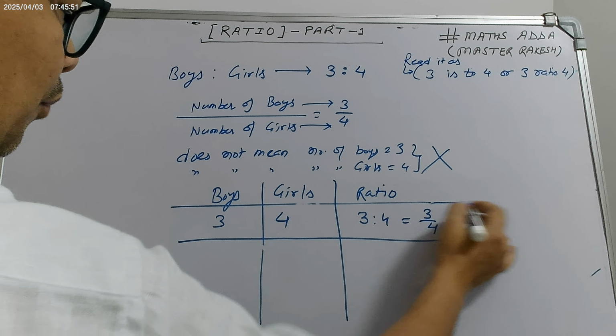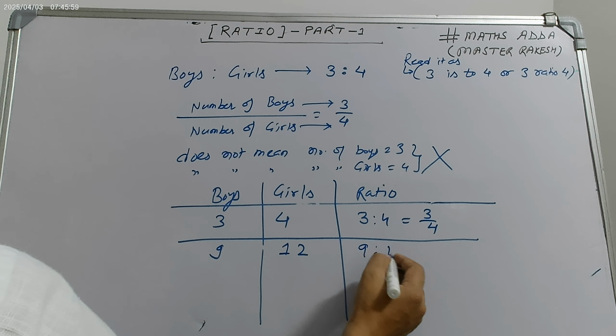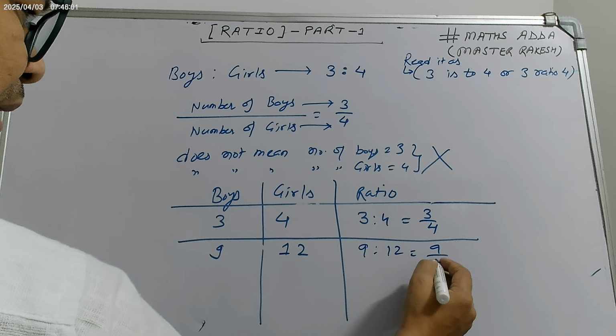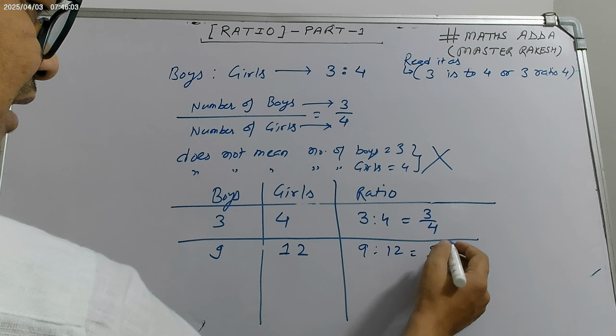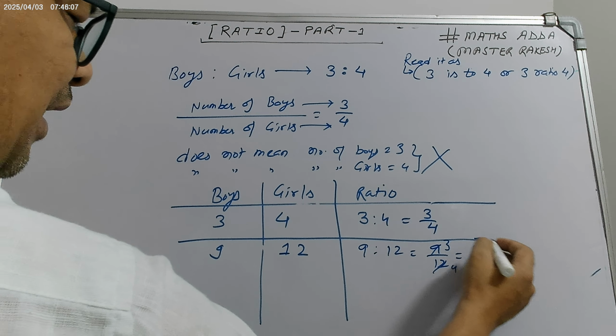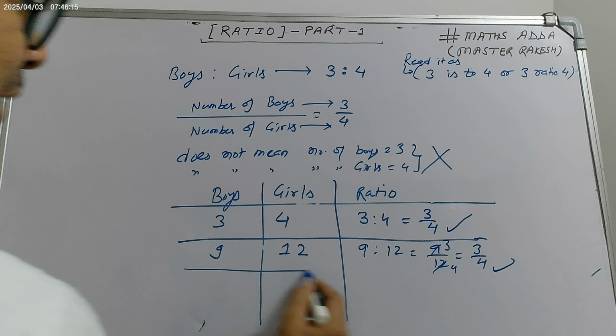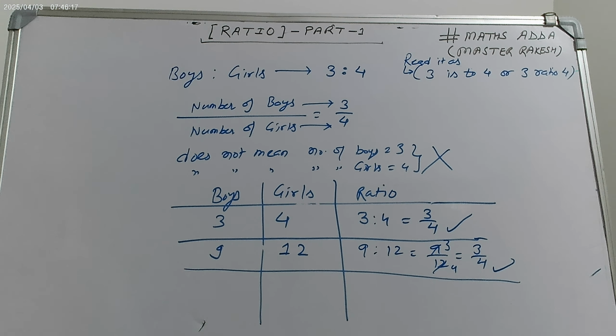Another example: 9 boys, 12 girls. The ratio is 9:12, which is 9/12. 3 threes are 9, 3 fours are 12, so again it is 3/4. Same. So you cannot tell there are 9 boys and 12 girls in the class.